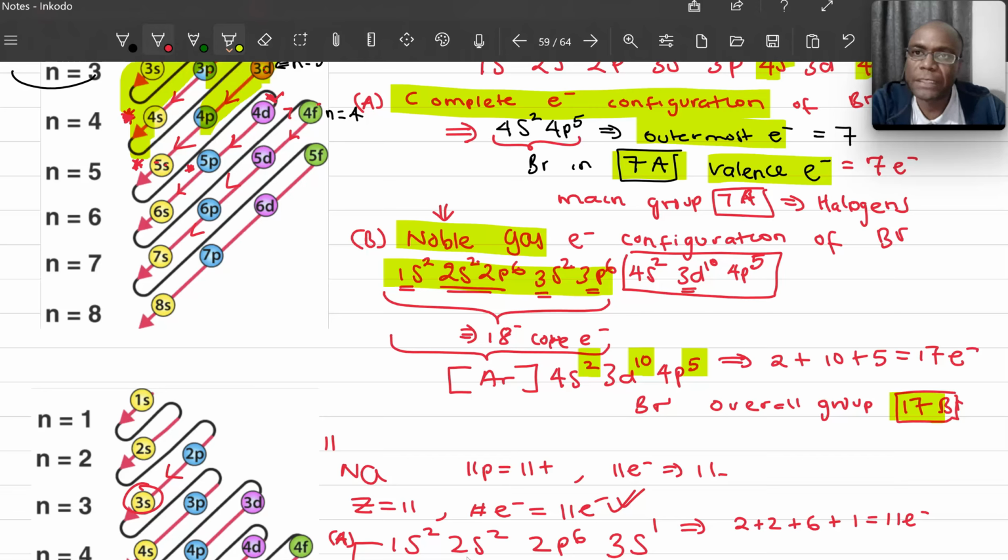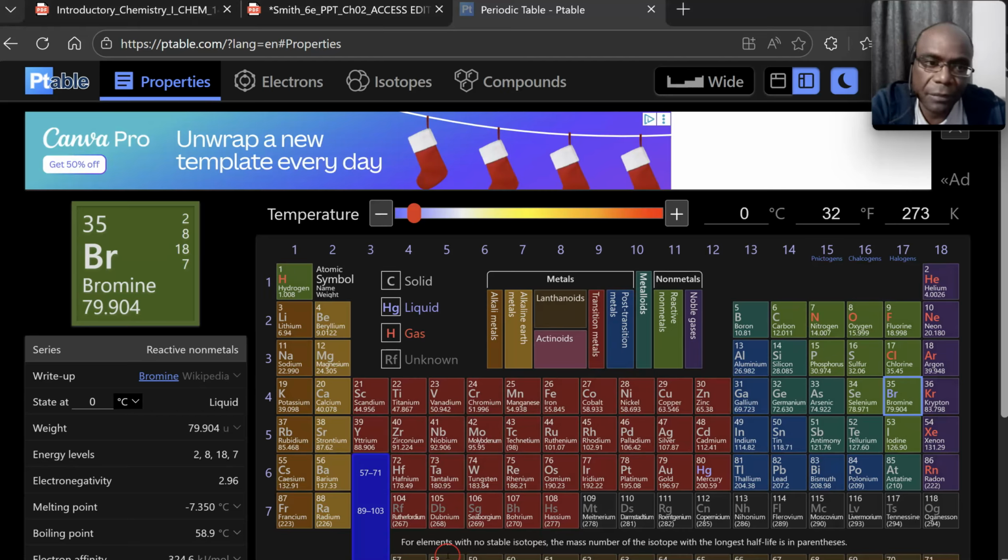Now, what is the outermost shell in bromine? The outermost shell is the 4th shell. So that means bromine is in the 4th row of the periodic table. Let's confirm that. Bromine is right here, and he's really in the 4th row.